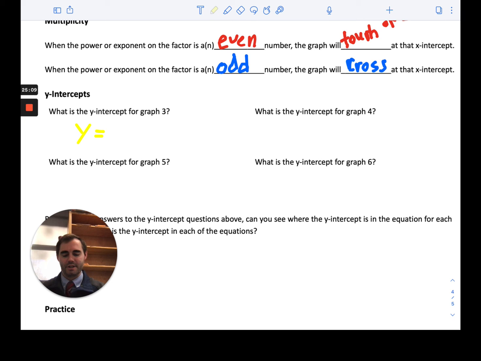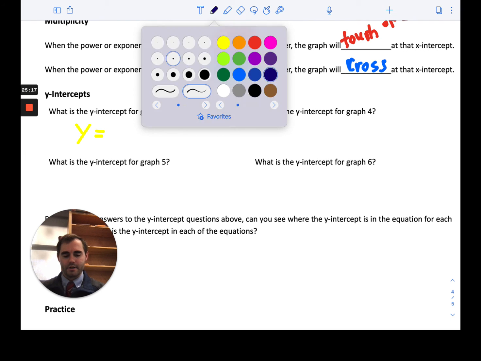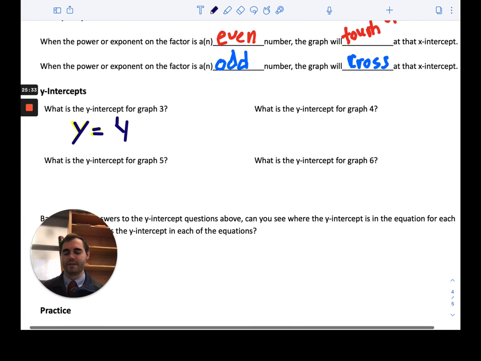Let me change to a better color here, let's use this dark purple. Let's start over again. So y is equal to 4, which is what we found up above. I'm sure you can try and find those for graph number 4, number 5, and number 6. And again, I'll hopefully put the answer key on Canvas so you can take a look and see the answer.